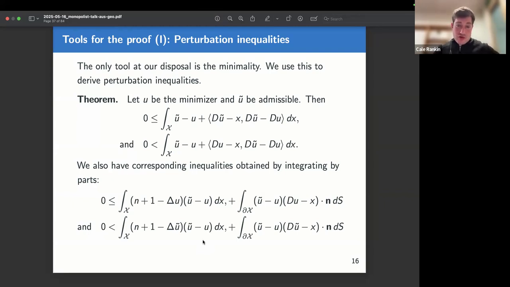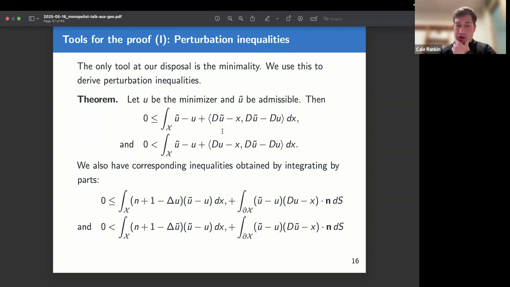If I have my minimizer u and any other admissible function u tilde, then I get the following inequalities just by doing essentially what we did in Armstrong's proof earlier. I put u tilde into the functional and I differentiate. That gives me an inequality for that derivative. And I can also integrate those things by parts to get the latter expressions.